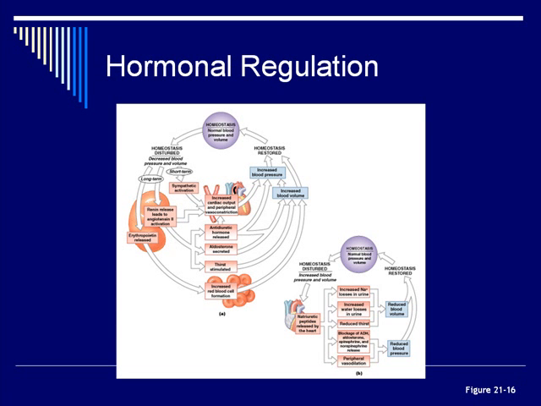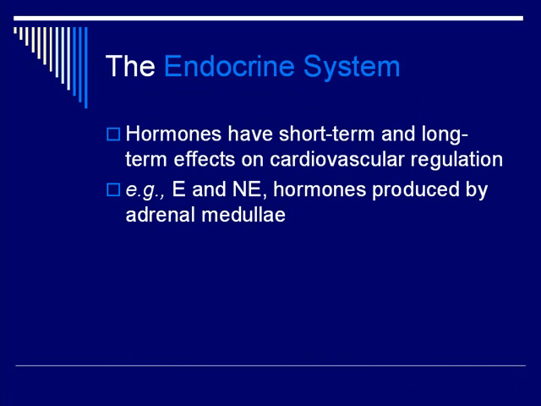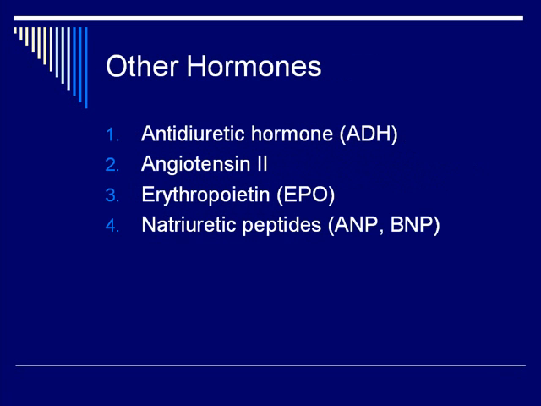Now, there's also a hormonal regulation process in this as well. I'm just going to scratch on the surface of that because we'll go into a lot more detail in hormonal regulation when we talk about the endocrine system. Basically, hormones are produced in the endocrine system, epinephrine and norepinephrine, E for epinephrine, NE for norepinephrine, hormones produced by the adrenal medulla and the adrenal gland, which are responsible and have an effect on the cardiovascular system.